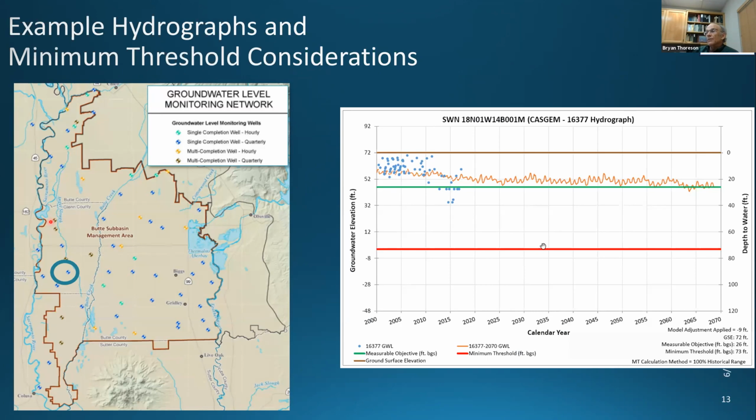You can probably just find them below the Thermalito Afterbay to the east of Biggs, those 2 there. So I think adding 10 feet to that historical low makes sense. It's consistent with other things that we're doing and gives some operational flexibility at those 2 wells. So I think that's a change that we would recommend here.